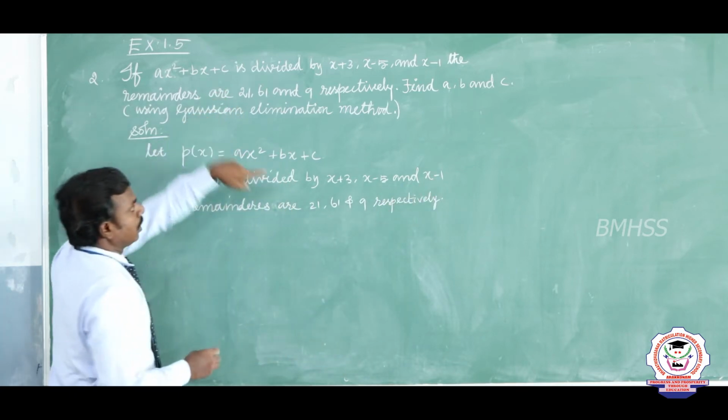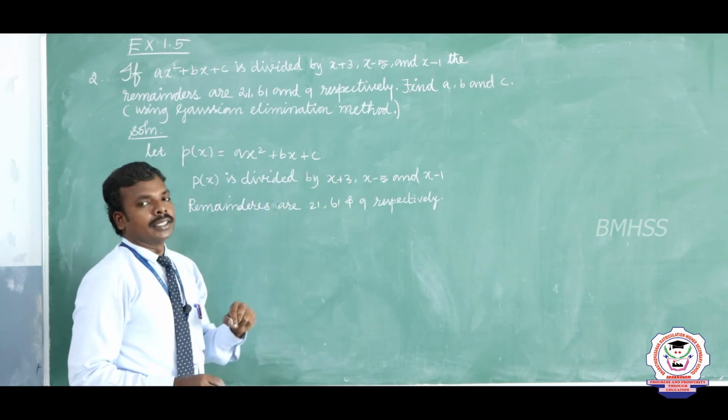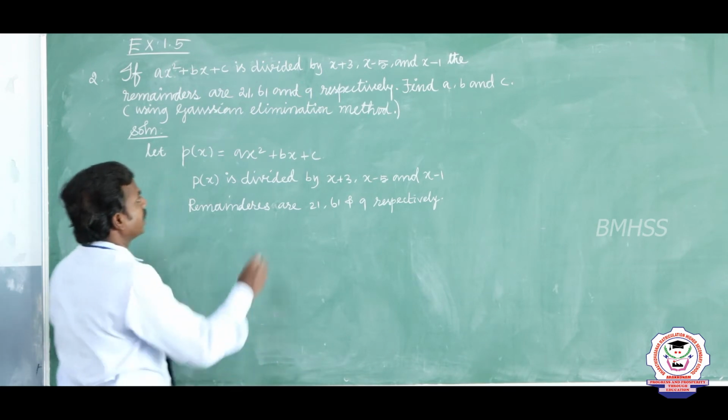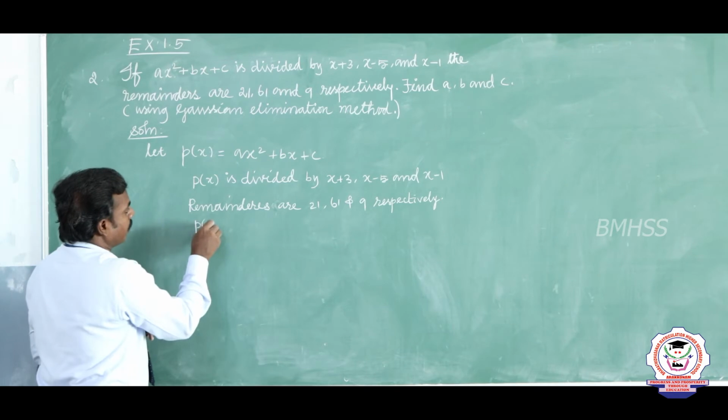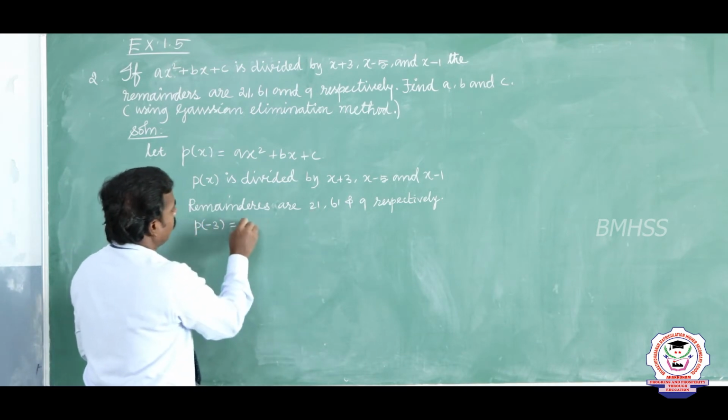Listen to this. Suppose I want to find the value of x. x plus 3 equal to 0. Then the value of x is minus 3. From this, p of minus 3 is equal to the remainder, 21.